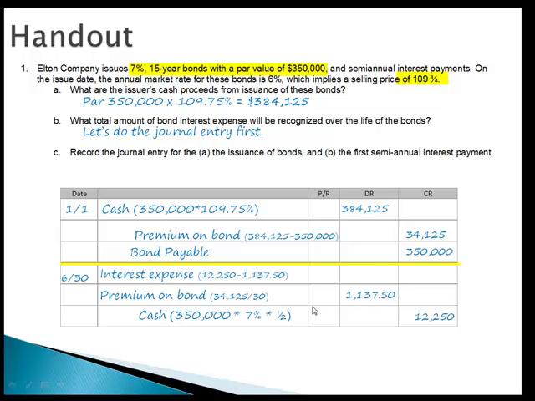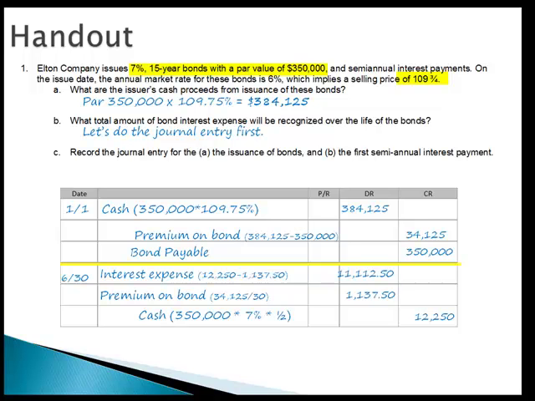And our interest expense is going to be reduced. So it's the cash payment less this premium amortization. We're going to record interest expense of $11,112.50. Now to figure out how much interest expense you're going to record over the life of the bond, part B, just take this $11,112.50 and multiply it by the number of payments.